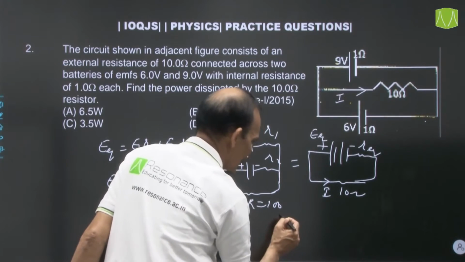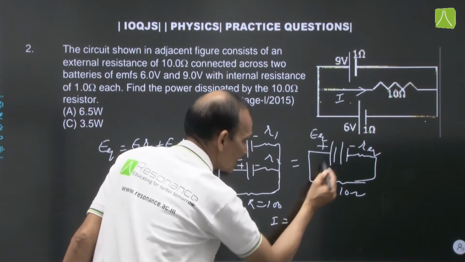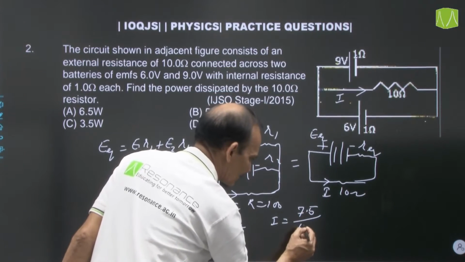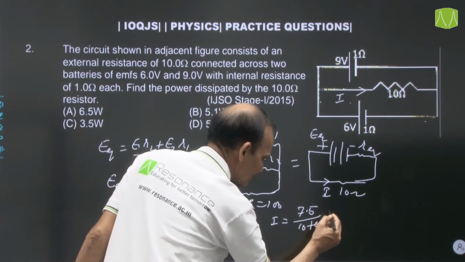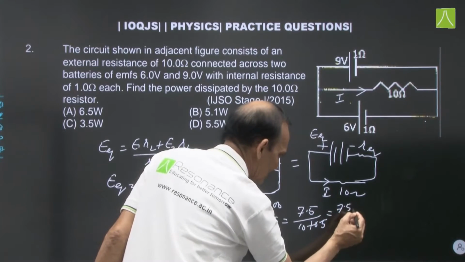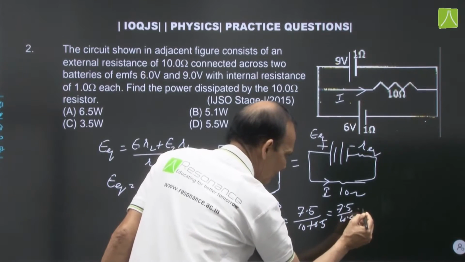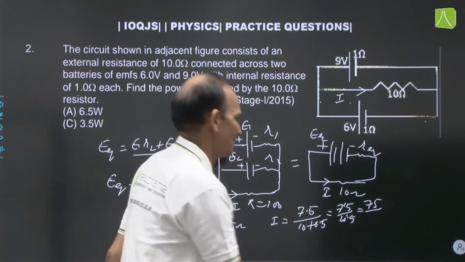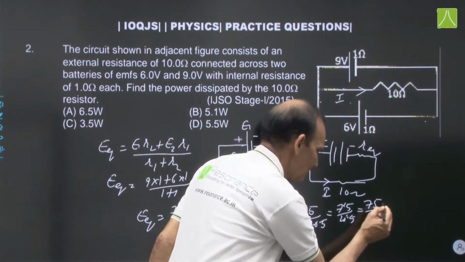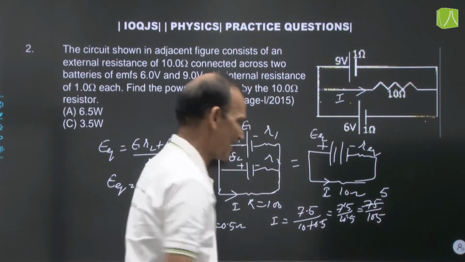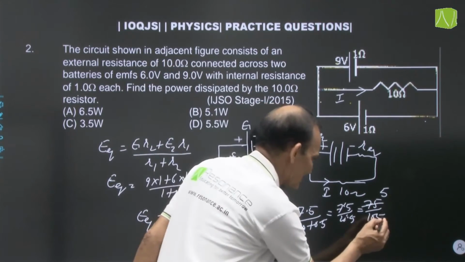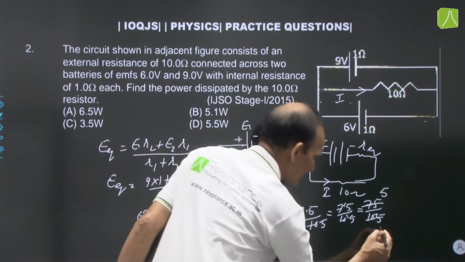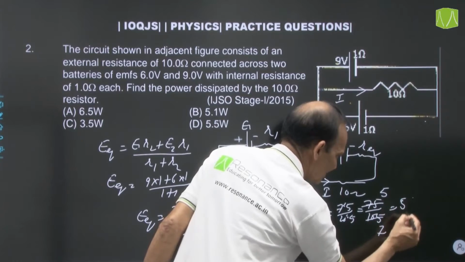So in this figure, I will be equal to E equivalent 7.5 divided by R, 10 plus 0.5, that is 7.5 divided by 10.5, or we can also write this as 75 by 105. Cancelling by 15, 5 times and 7 times, that is 5 by 7.